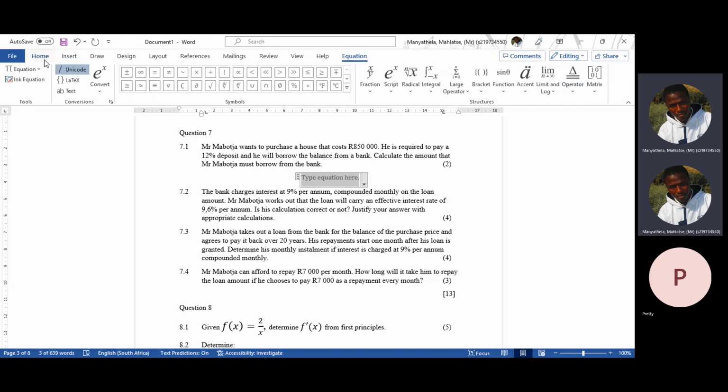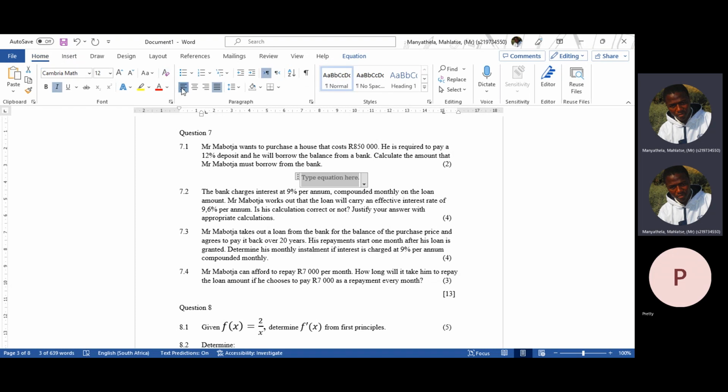If it's a deposit, it means that we subtract the deposit percentage from 100%, because it always increases or decreases from 100%, right? Yes.